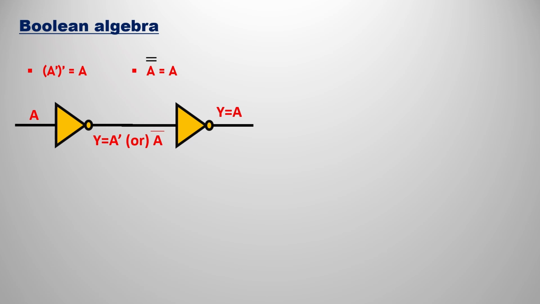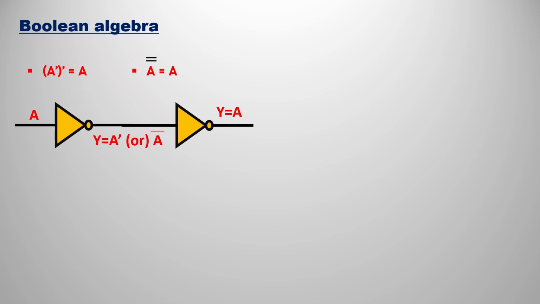The last and final thing of this lecture in Boolean algebra is a double bar, which we can simply say. If you observe, we have 2 NOT gates. In the first NOT gate we get a bar, and in the second NOT gate we get a double bar. A double bar is also known as a. Why? Suppose you start with a simple 0. If you flip it, it becomes 1.